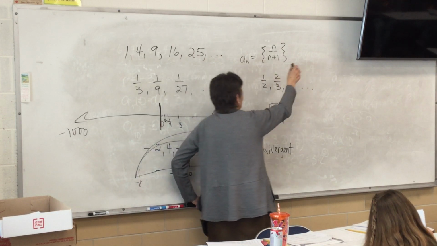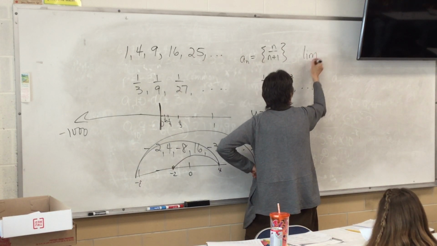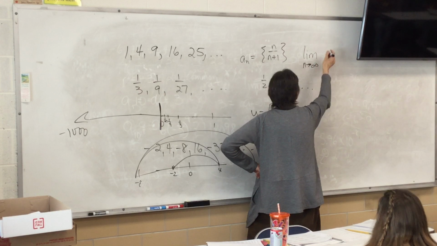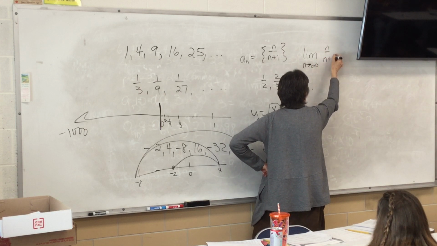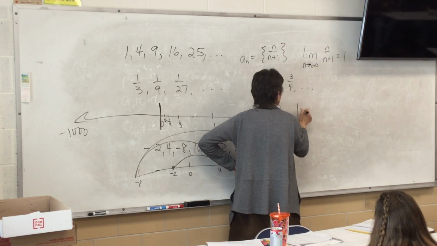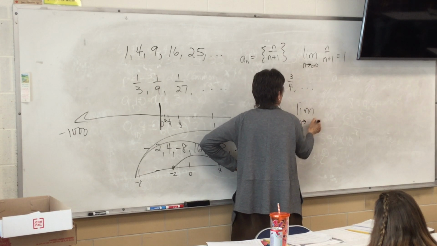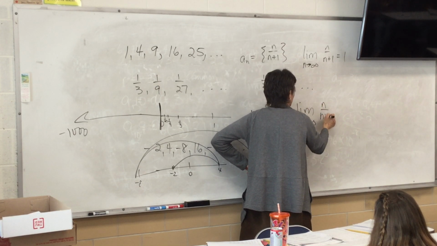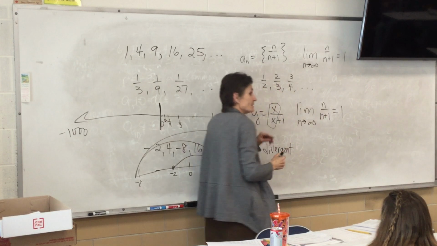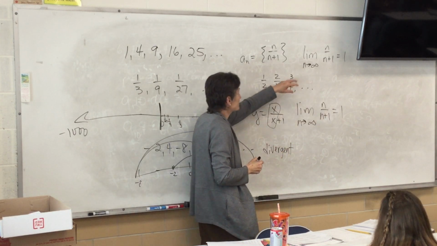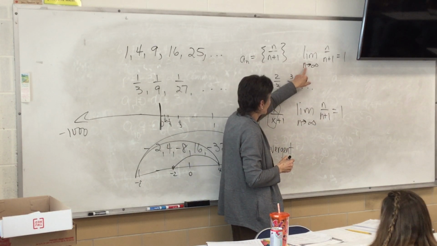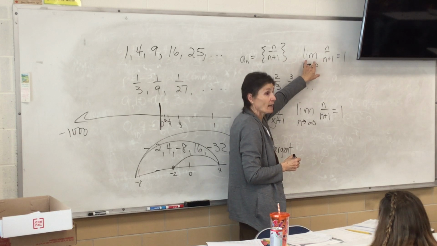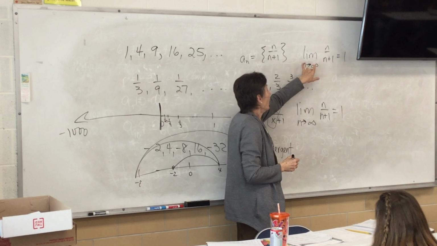The limit of this thing, as n approaches infinity, is 1. So let me write that again down here because I got underneath the board there. The way we write this is the limit as n approaches infinity. So LIM stands for limit.